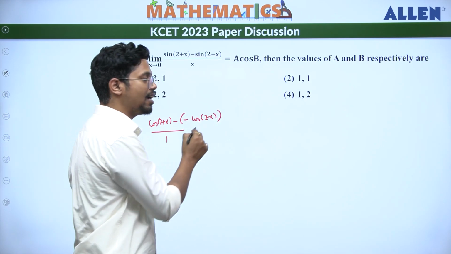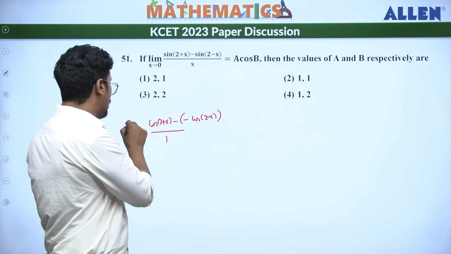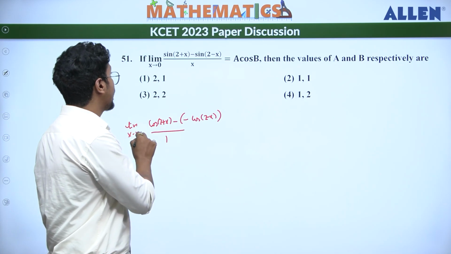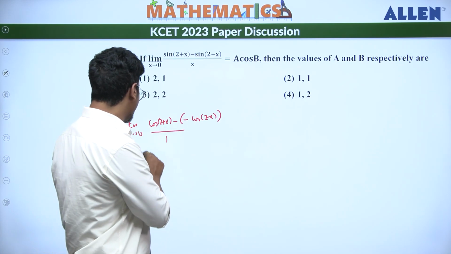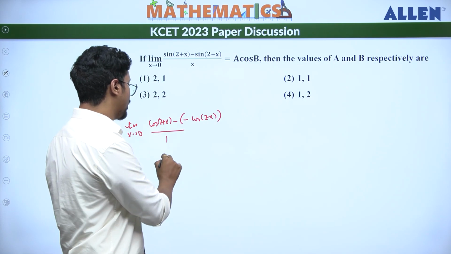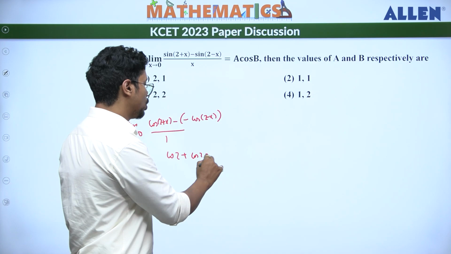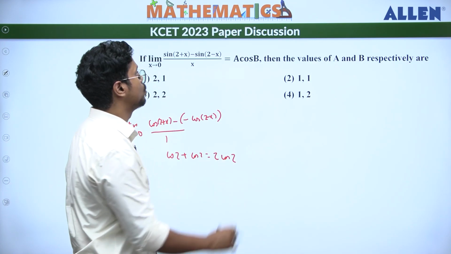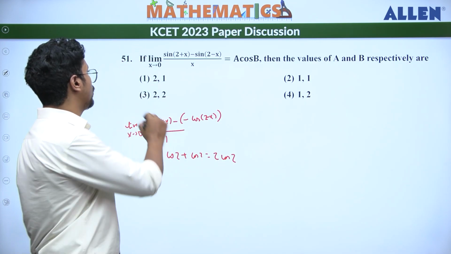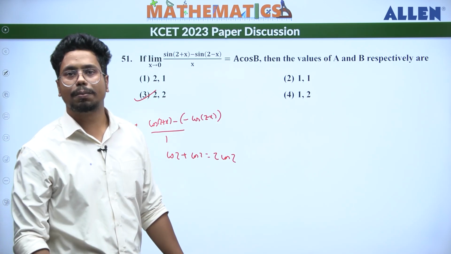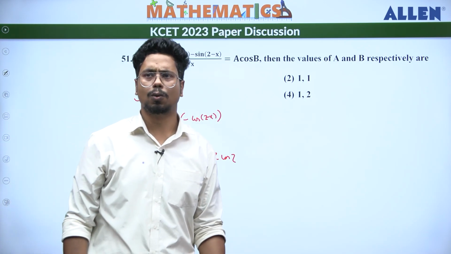So basic differentiation everybody knows. Okay? So now let us put the value here, all of you. X tends to 0. So what you will get? This will become cos 2 and this will become minus minus plus cos 2. So you will get 2 times cos 2. So what is the value of a and b, all of you? Option number 3, which is 2 comma 2.